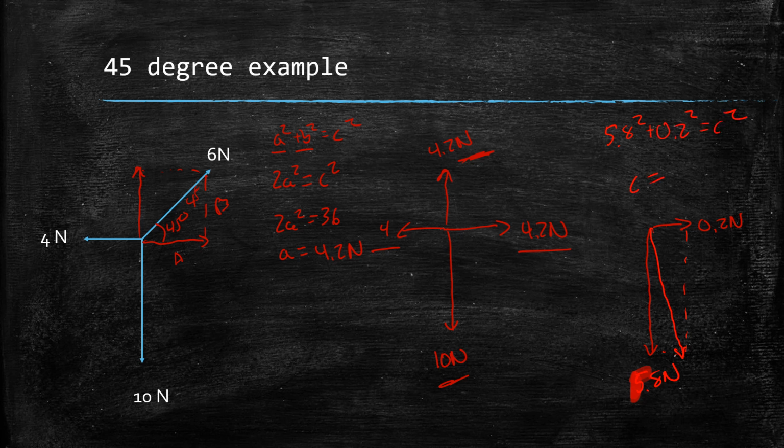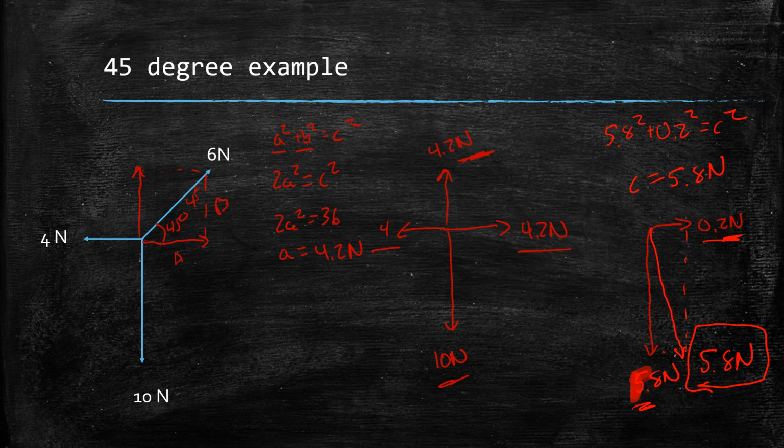So c would be 5.8. And it's basically the exact same as this one because this number is so small. But the end result is it's not going to be perfectly vertical. It'll be shifted a little bit to the right. So the net force acting on this object is 5.8 newtons down and to the right.